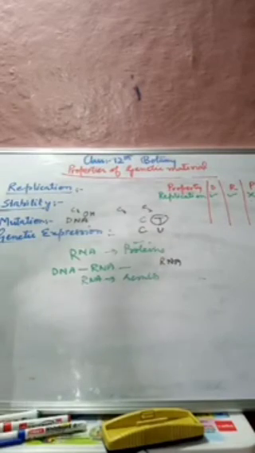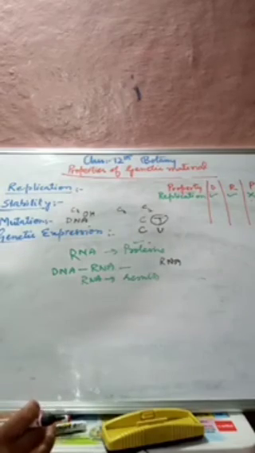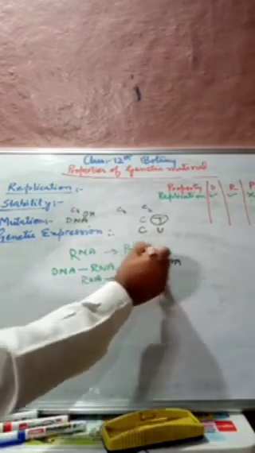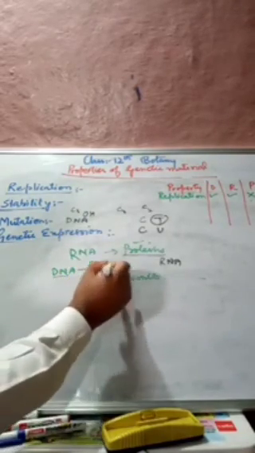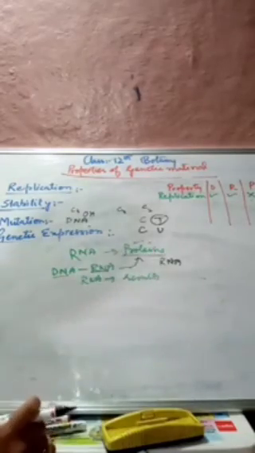Genetic expression: the genetic material must express itself. RNA expresses the characters easily in the form of proteins. Now DNA requires RNA for the formation of these proteins.